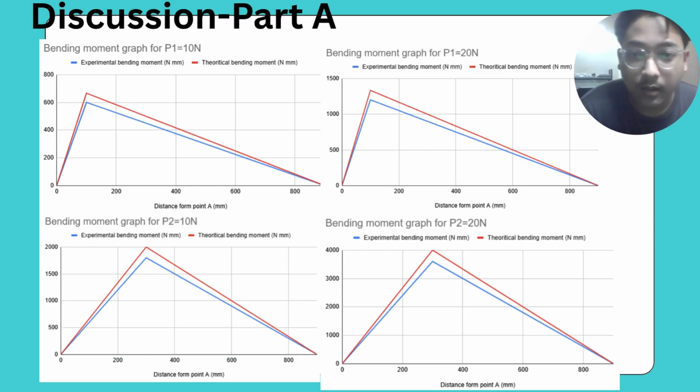Next, for my part, discussion part A. As you can see, we have the bending moment graph for P1, which is 10 Newton and 20 Newton, and the bending moment graph for P2 at 10 Newton and 20 Newton.